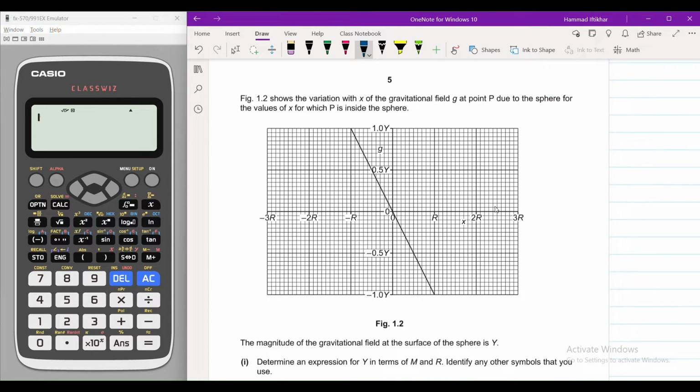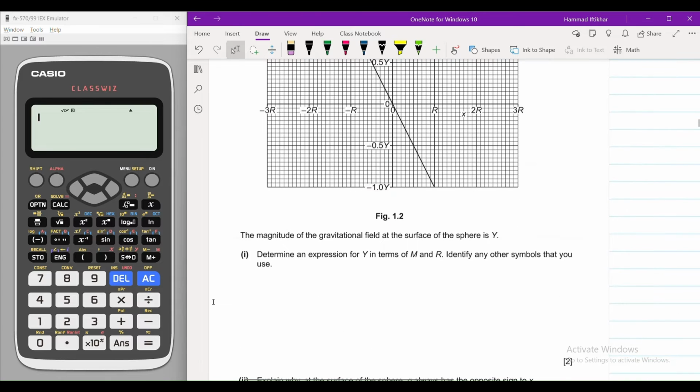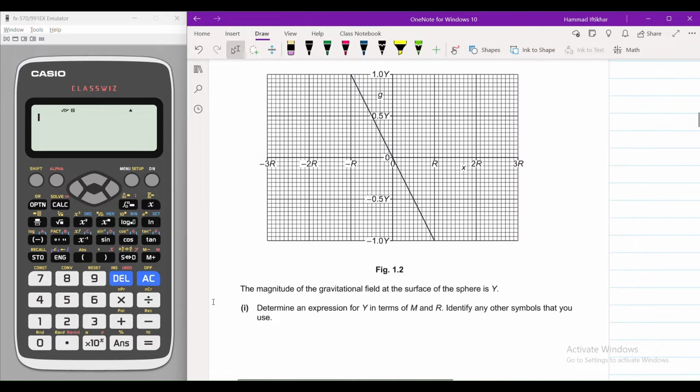Figure 1.2 shows the variation with x of the gravitational field g at point P due to the sphere for values of x for which P is inside the sphere. The magnitude of the gravitational field at the surface of the sphere is y. Determine an expression for y in terms of m and r.